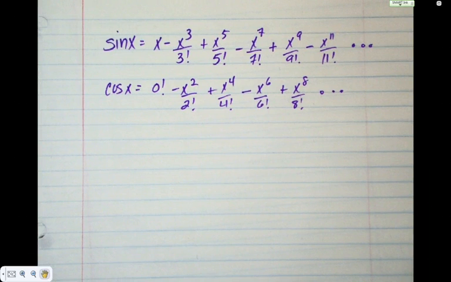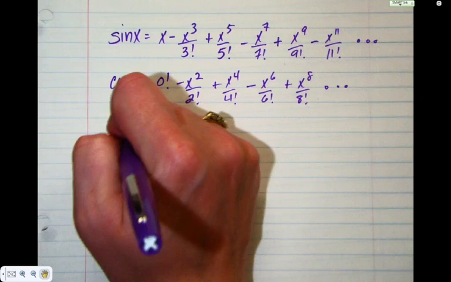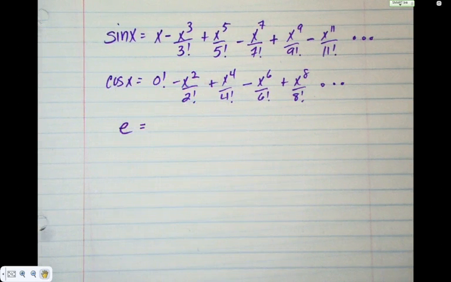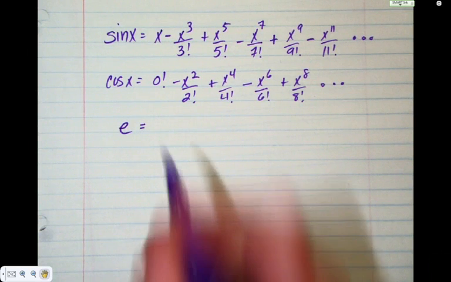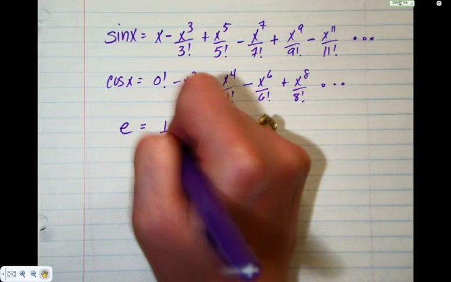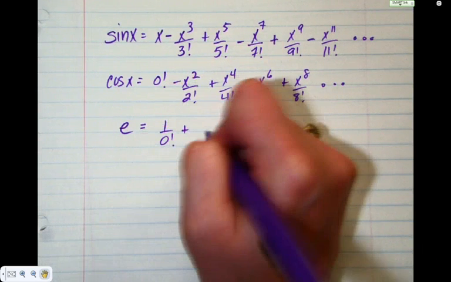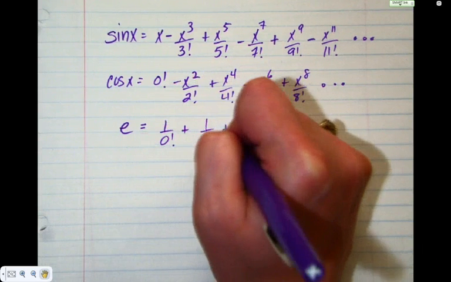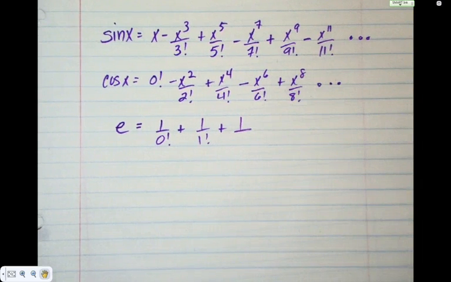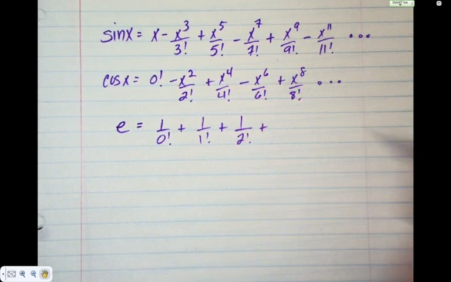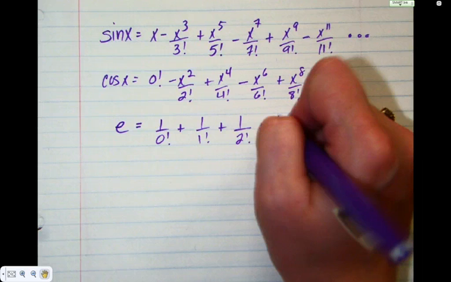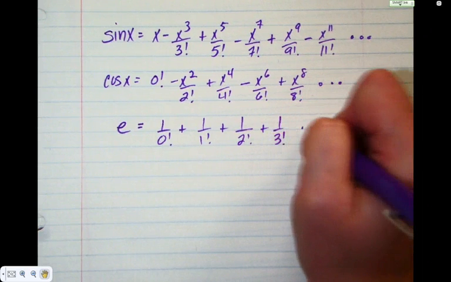Someone in the other class said, so like math is all connected? Yes. Remember e? What's e approximately equal to? 2.718. And that comes from, it's actually 1 over 0 factorial plus 1 over 1 factorial plus 1 over 2 factorial plus 1 over 3 factorial, dot, dot, dot.